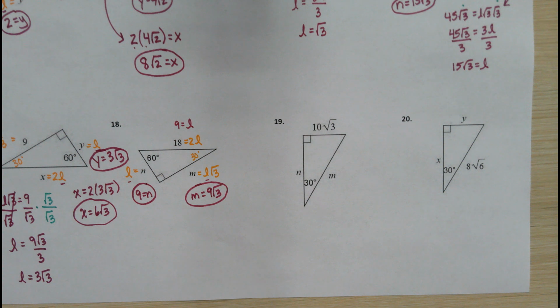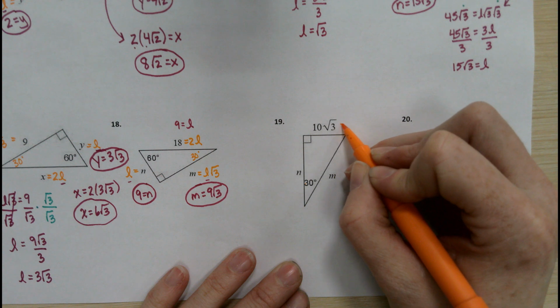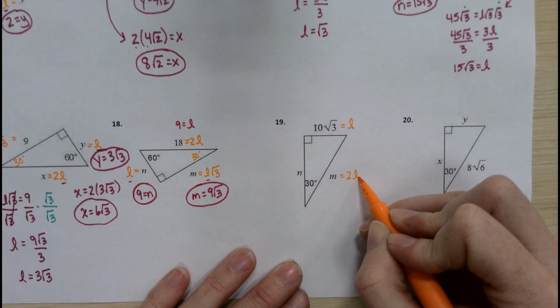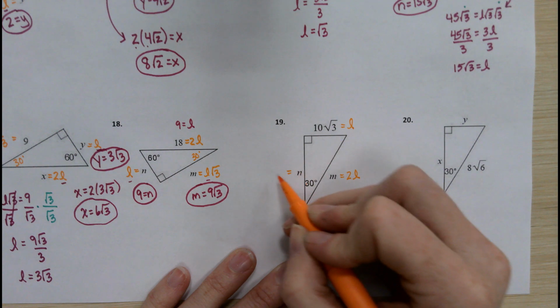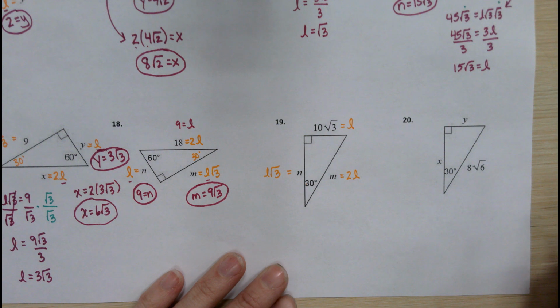The last two on this page already have the 30-degree angles available to us. So across from there will be the L. Across from 90 is equal to 2L. Across from that last empty corner, which would be a 60 if we filled it in, will be equal to L root 3.